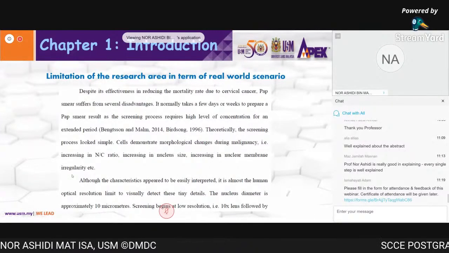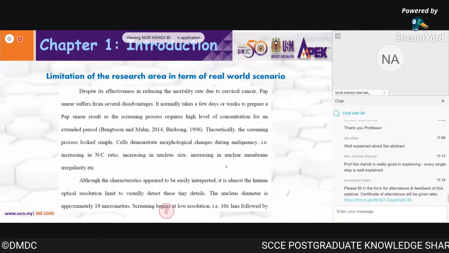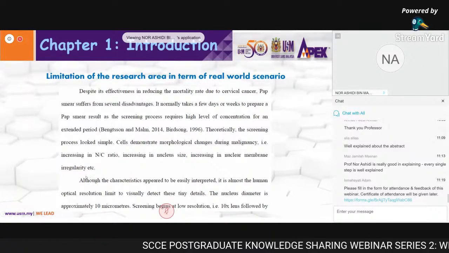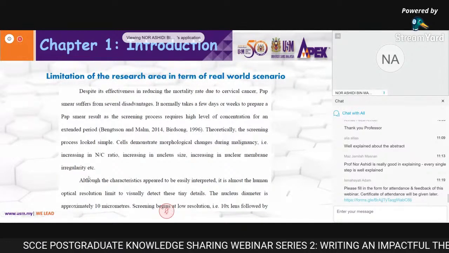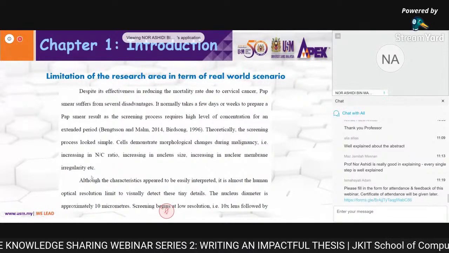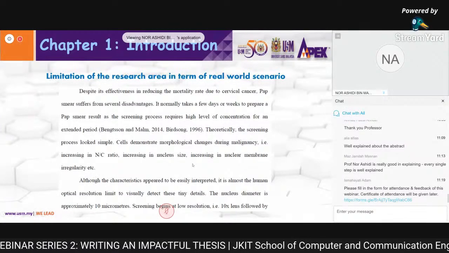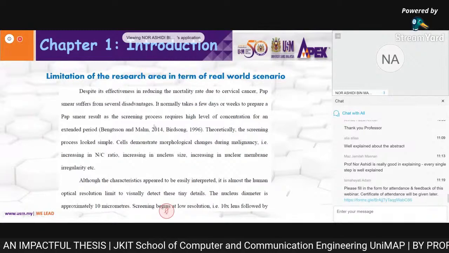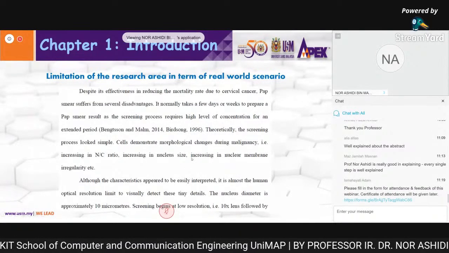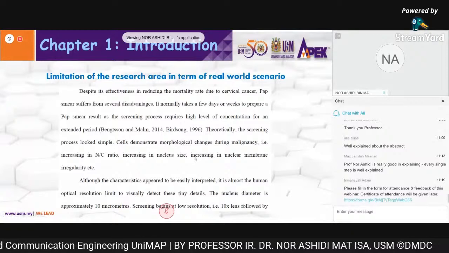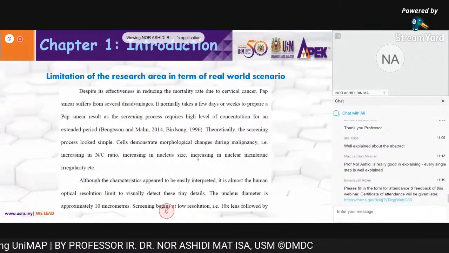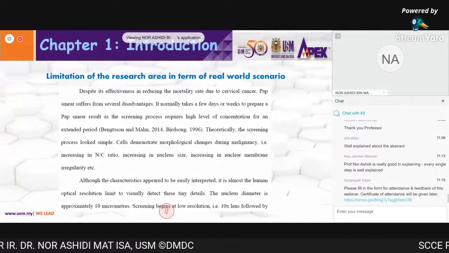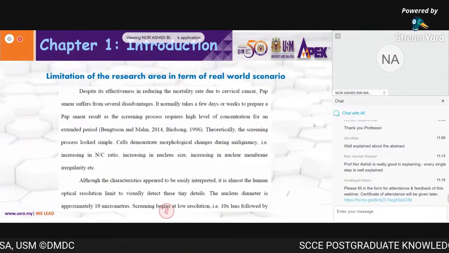The irregularity, see, now you have a nuclear membrane irregularity. So this is a much more specific, niche area to be focused on. This is the real world problem. Because of the manual process, this gives problems to the doctors in order to read or to screen the images, the pap smear.